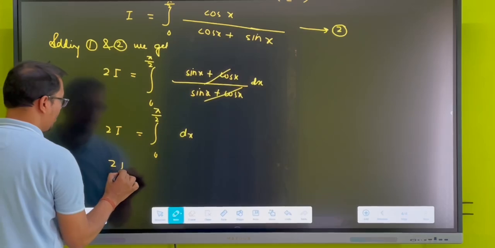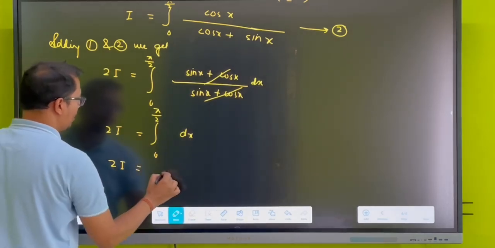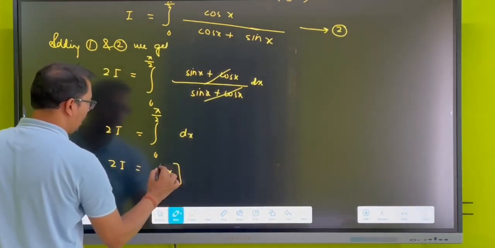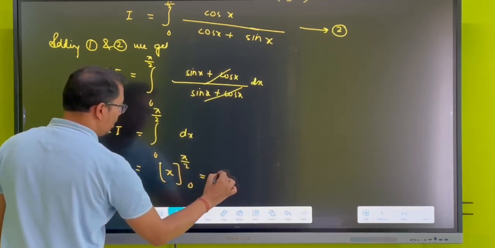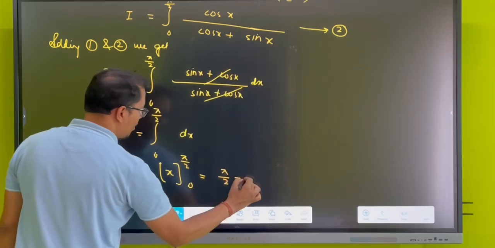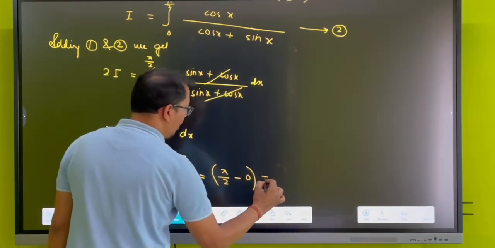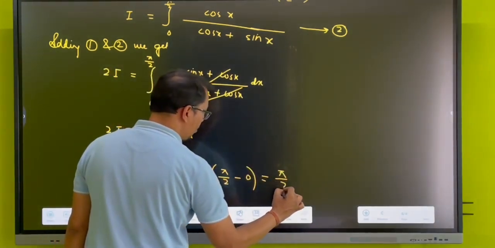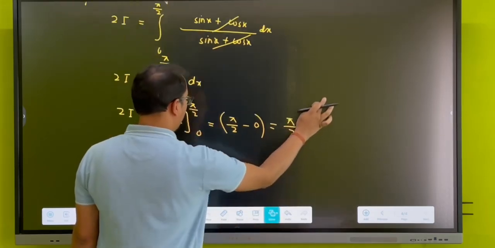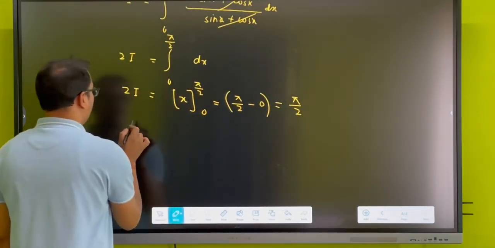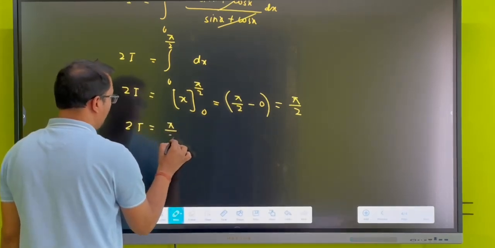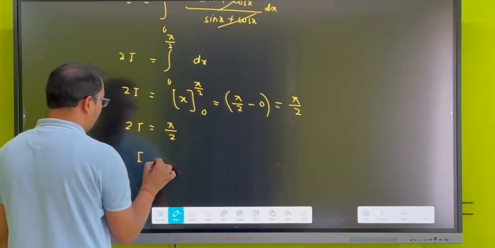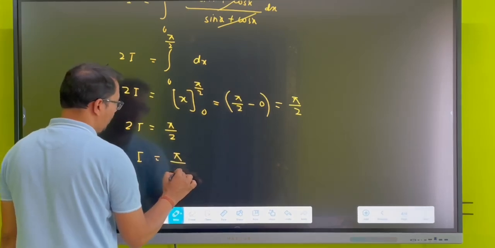So 2I equals this much. What is the integration of dx? It is simply x. The limits here are pi by 2 and 0. So this will be pi by 2 minus 0, which is equal to pi by 2. So twice I equals pi by 2, and the value of the integral I equals pi by 4.